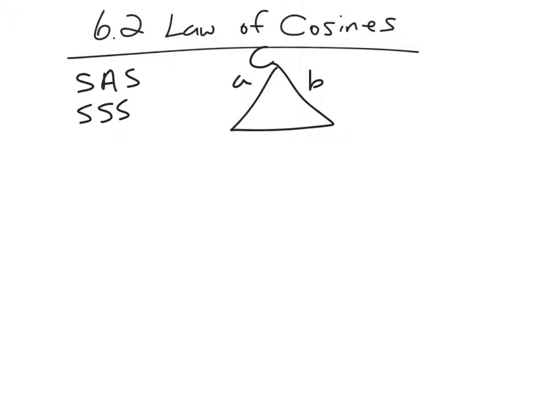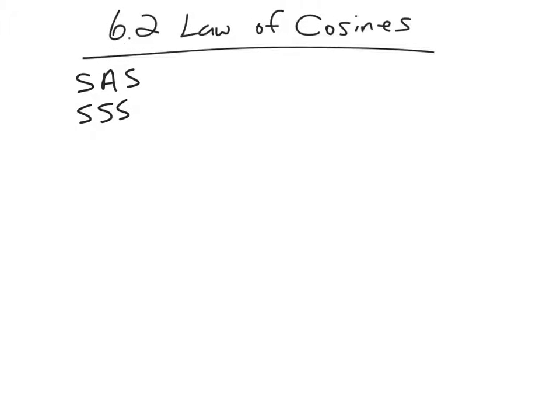You'll notice that at no point do we have a pair that are across from one another. So I would need this side, or I would need one of these angles for the law of sines to work. None of the ratios would be complete, so the law of sines would be worthless to us. Or side, side, side, well, I don't have any angles, so I don't have enough information to go with pairs that are across from one another.